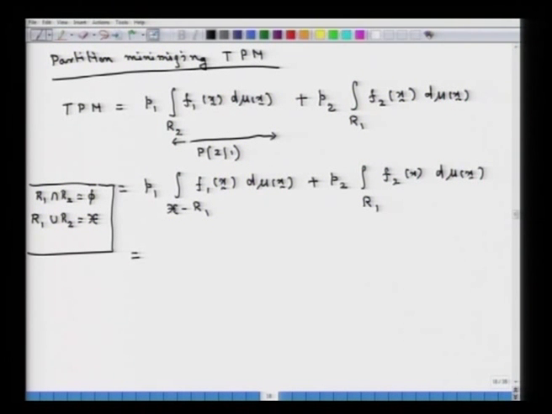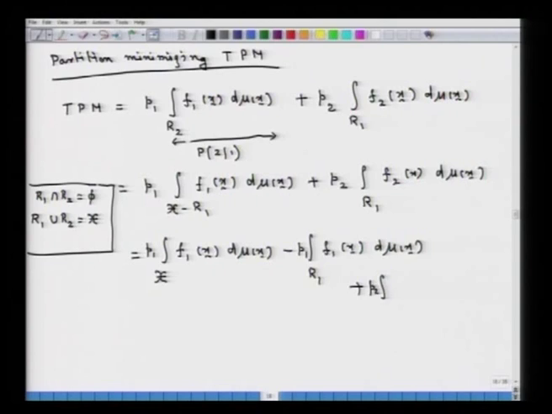Let us now look at what this is equal to. This would be equal to the integral over the script X region minus the integral over the R1 region. So, this P1 constant remains as it is: P1 times the integral over script X of f1 x d mu x, minus the integral over R1 of P1 f1 x d mu x, plus P2 times the integral over R1 of f2 x d mu x.